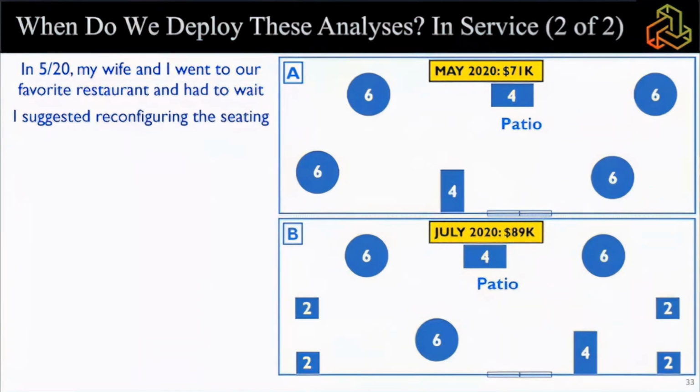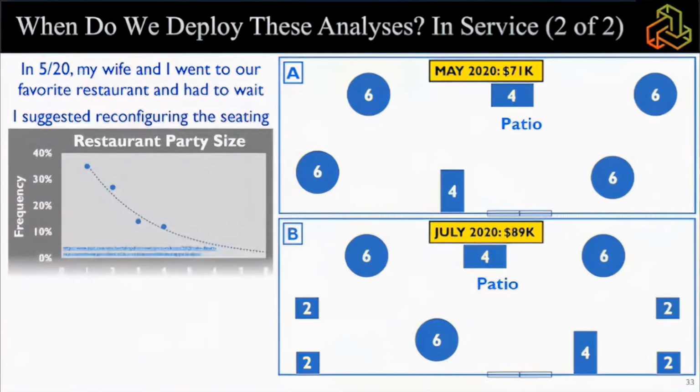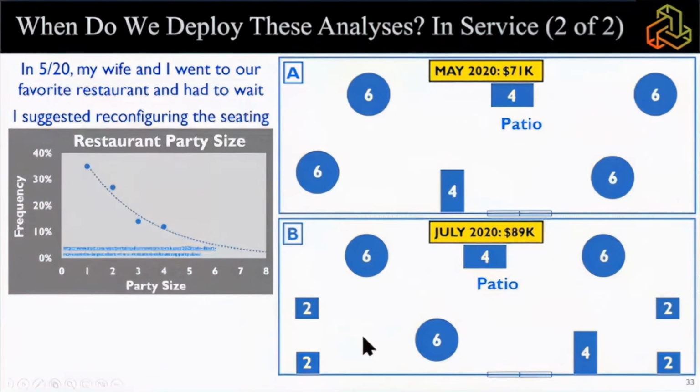Now, why is that? Well, I happen to know just from observation, this restaurant had more parties of two than parties of four. And if you do just a little bit of research, you can find this from a restaurant site here. It turns out that there are over twice as many parties of two versus parties of four.